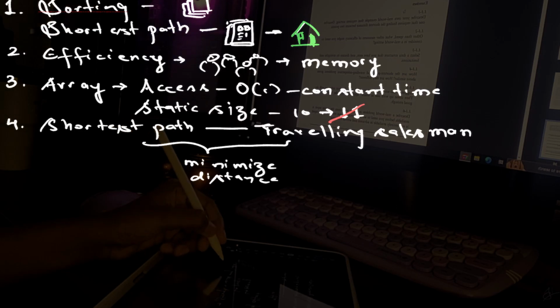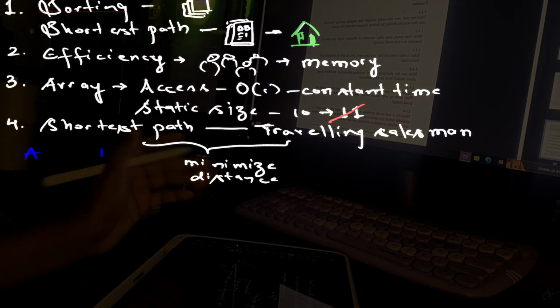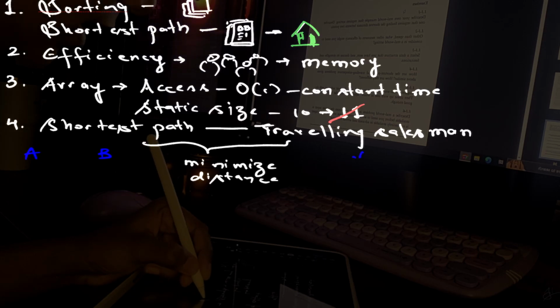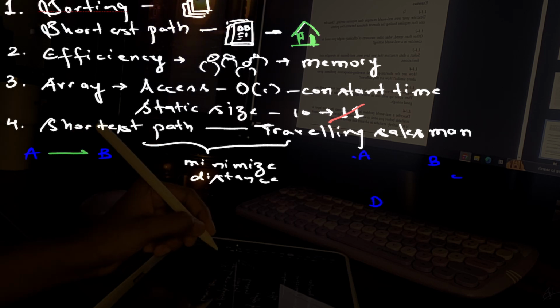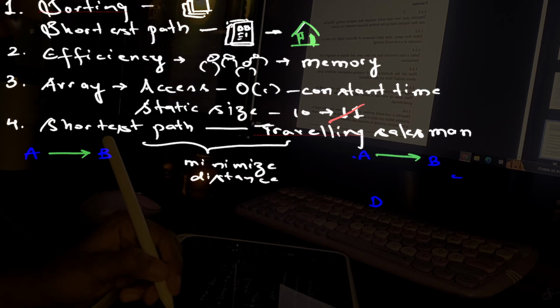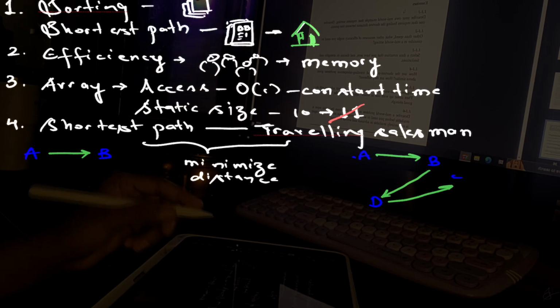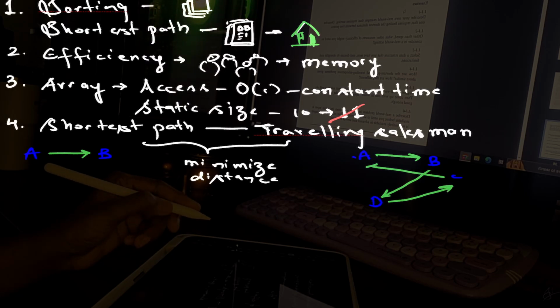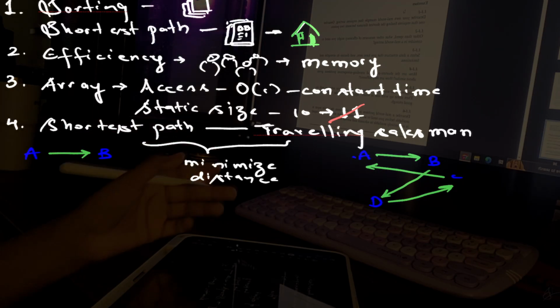Okay, so what I can think is, this is point A and this is point B, and there are points A, B, C, D. Now shortest path is just me going from A to B, whereas traveling salesman is me going from A to B, B to D, D to C, and then C to A. I'll try to minimize the overall distance.